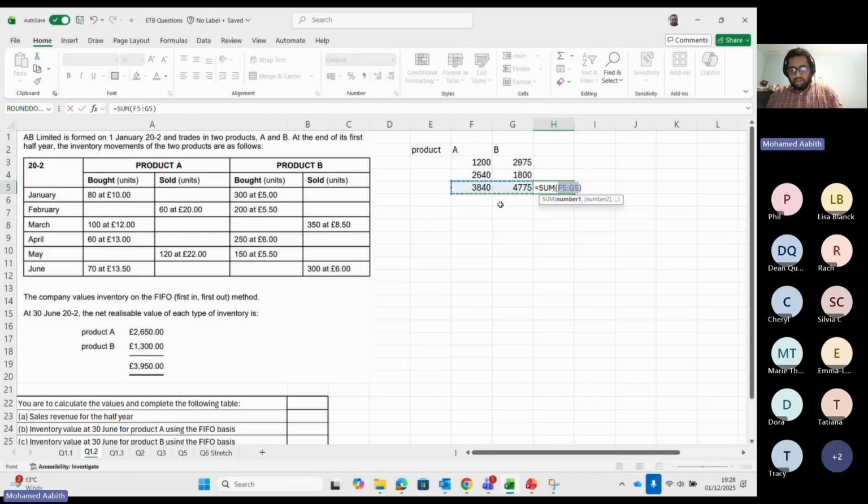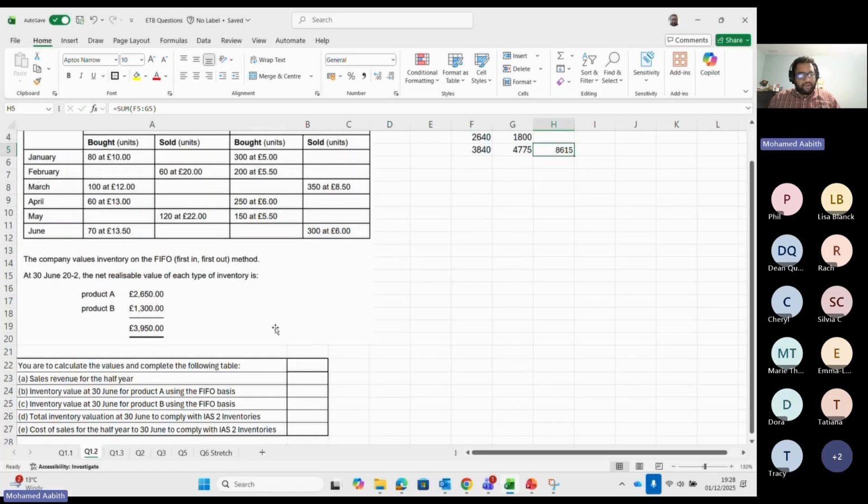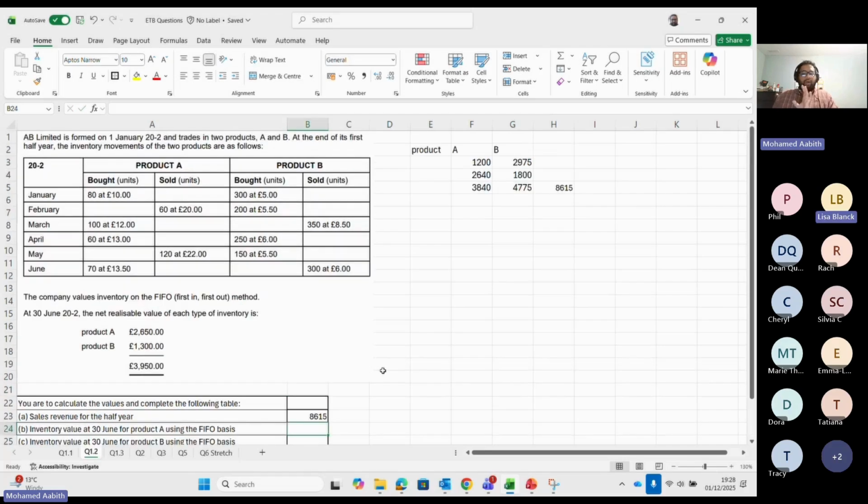So the total sales revenue is going to be 8,615. I simply did this multiplied by that, this multiplied by that, this multiplied by that, this multiplied by that. So what they're asking here, the total sales revenue, is £8,615. It is a straightforward calculation when it comes to revenue.